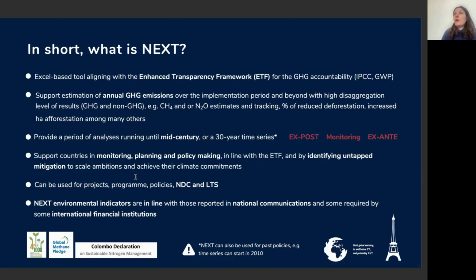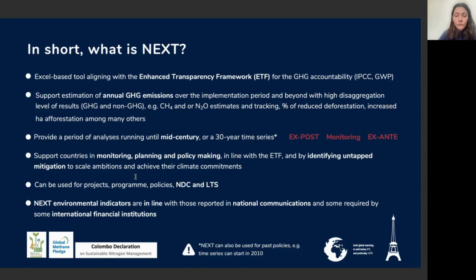For instance, the amount of hectares that have been reforested or deforested, or the amount of hectares of crops that have been converted to agroforestry systems. So you can see for every year this amount of hectares, not only the estimation of GHG emissions that you are going to avoid or emit, but also different indicators.